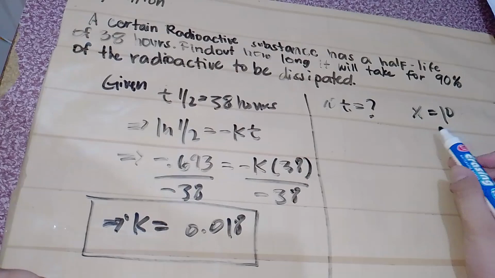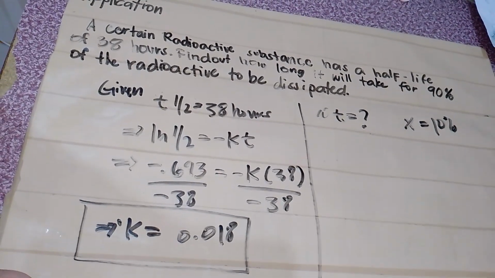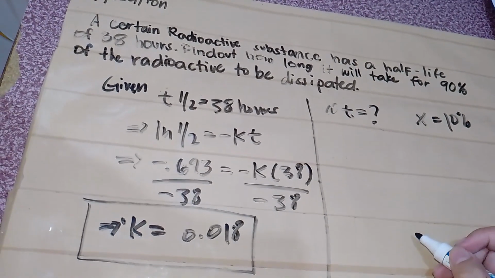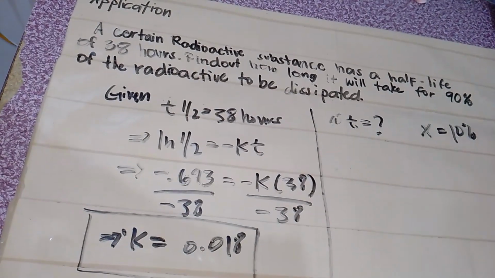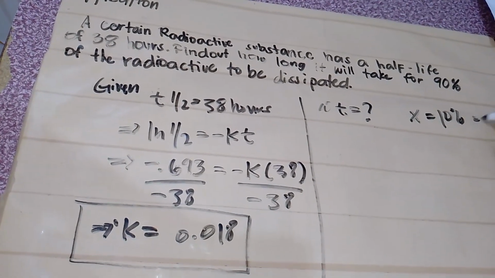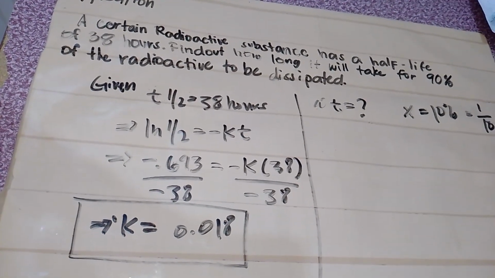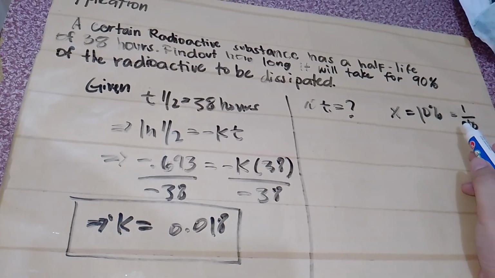So this is what remains. So 10% is simply, the equivalent of 10% is 1 over 10. So this is what remains.